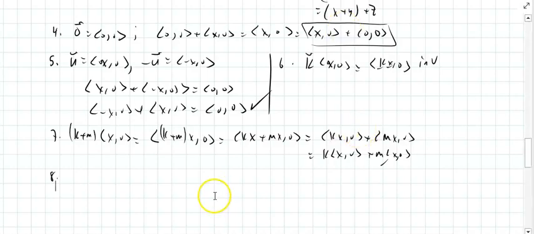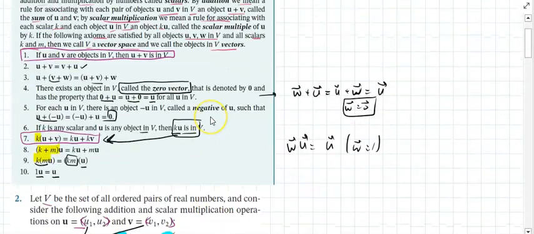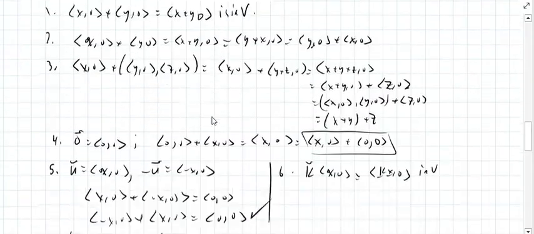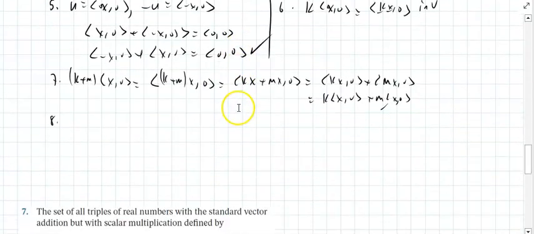Axiom 8. Oh, that was 8. 7 was k times (u plus v), my mistake. So here, we'll switch them.